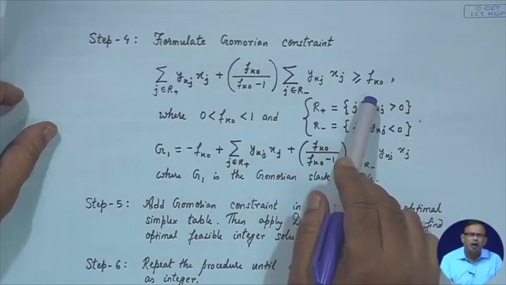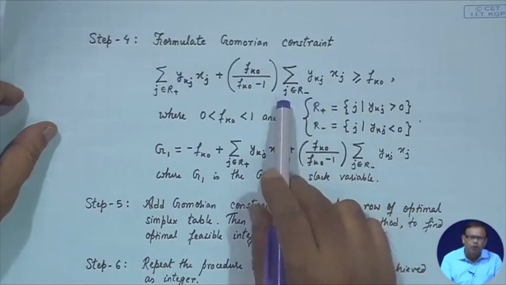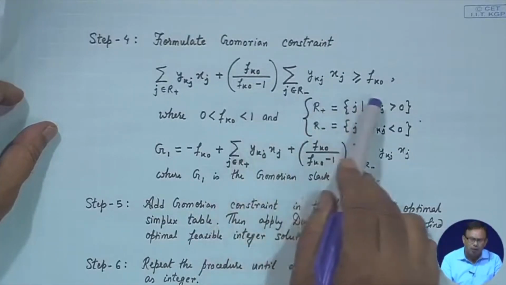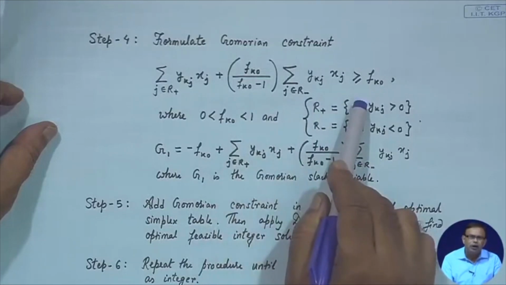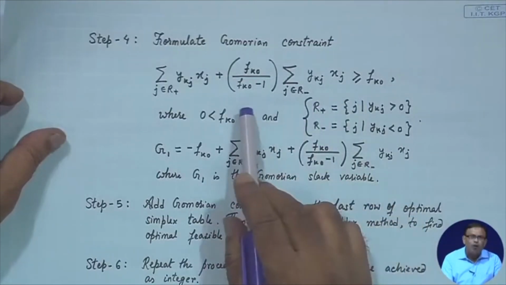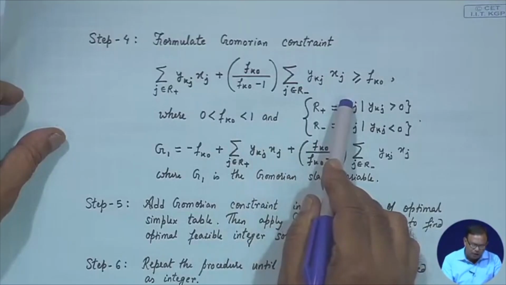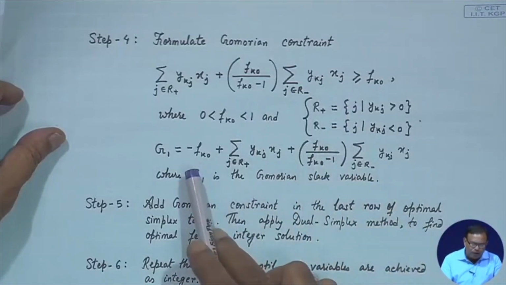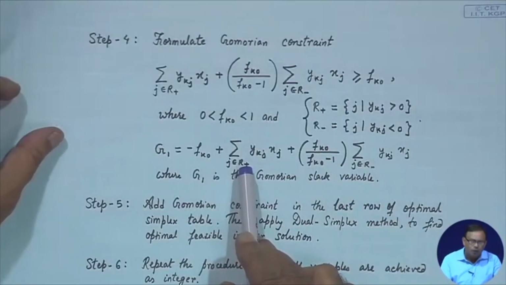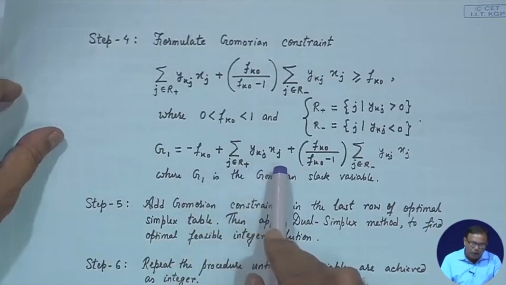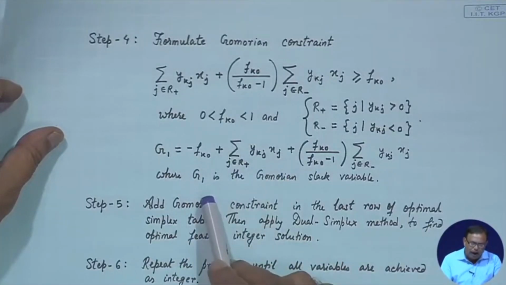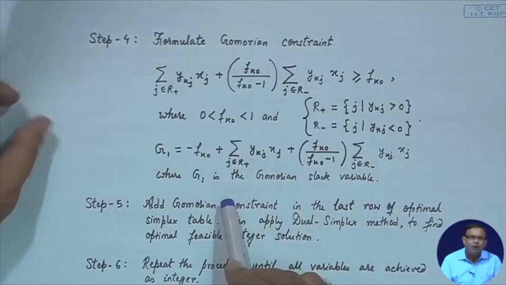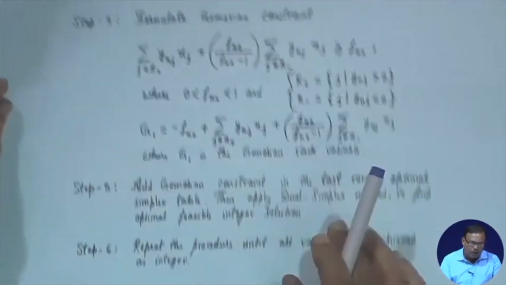Here, since we have done it, I am leaving it to you how we can come to this particular inequality. Once I obtain this inequality, I can write down the corresponding equality by adding the Gomorian slack variable g 1, which I am specifying.